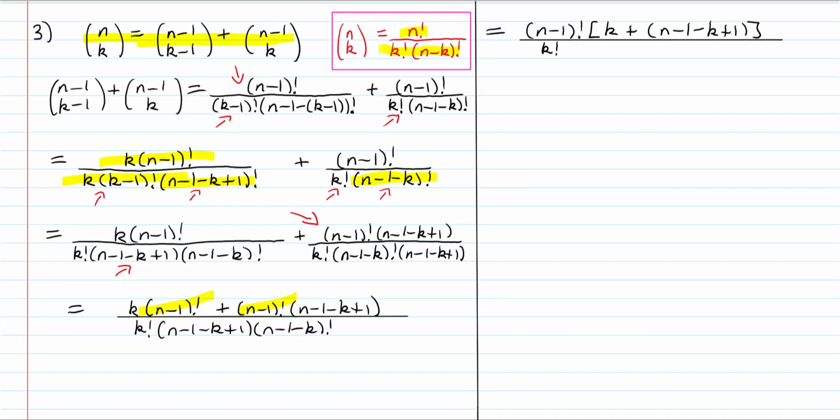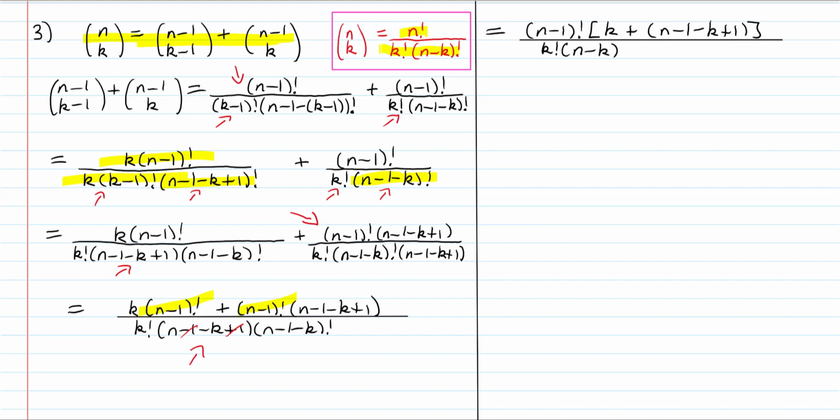And for this term here, this n-1-k+1, we can cancel out the minus 1 and plus 1, so we're left with just n-k, so times (n-k).